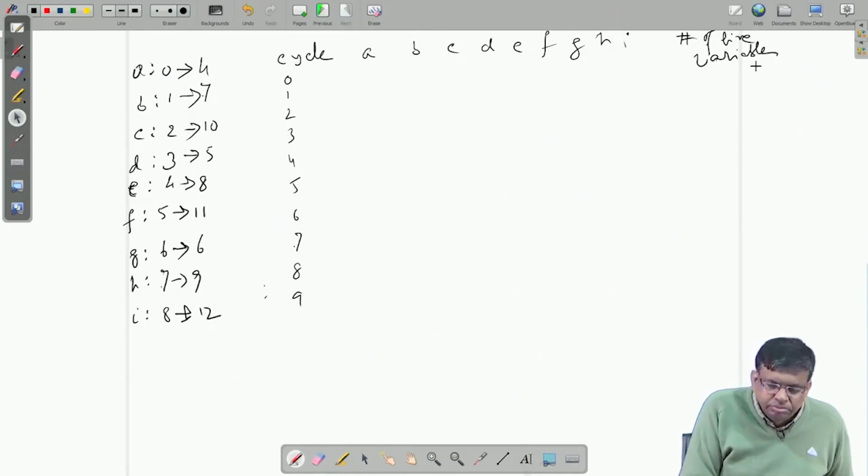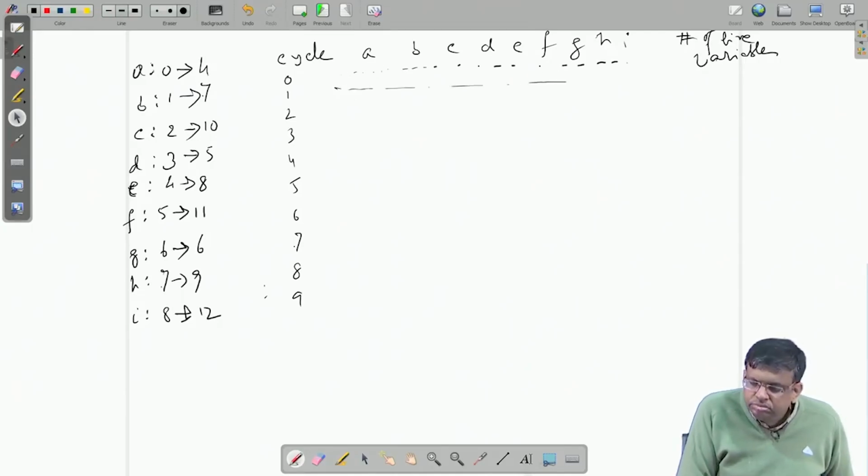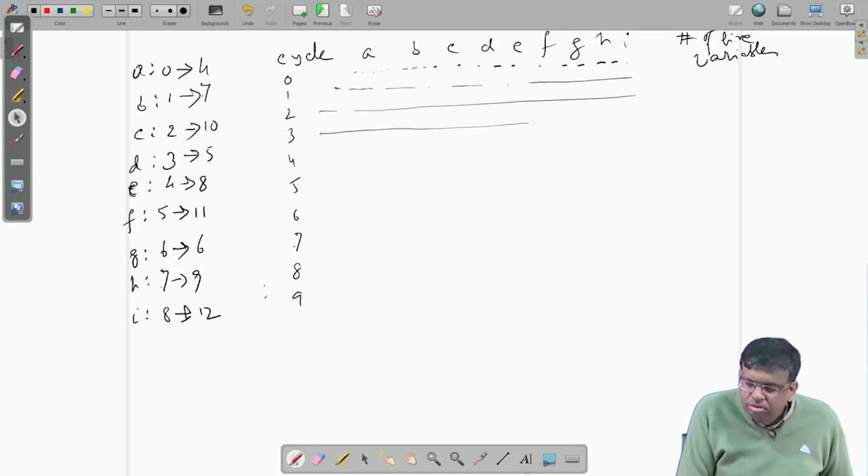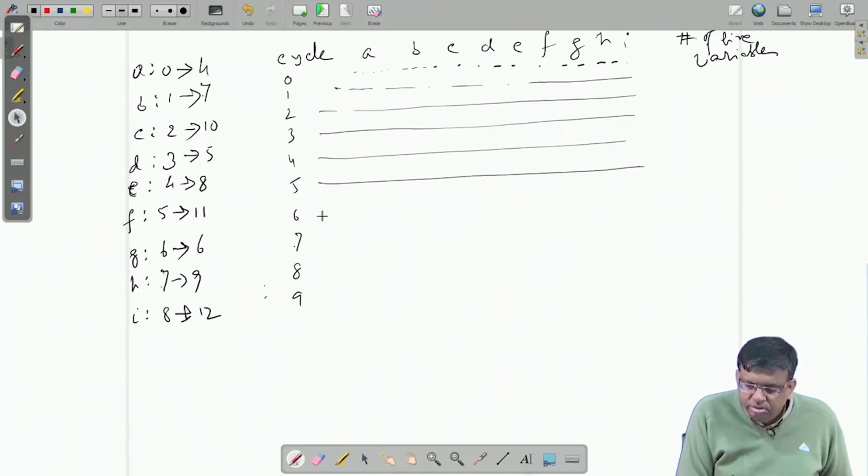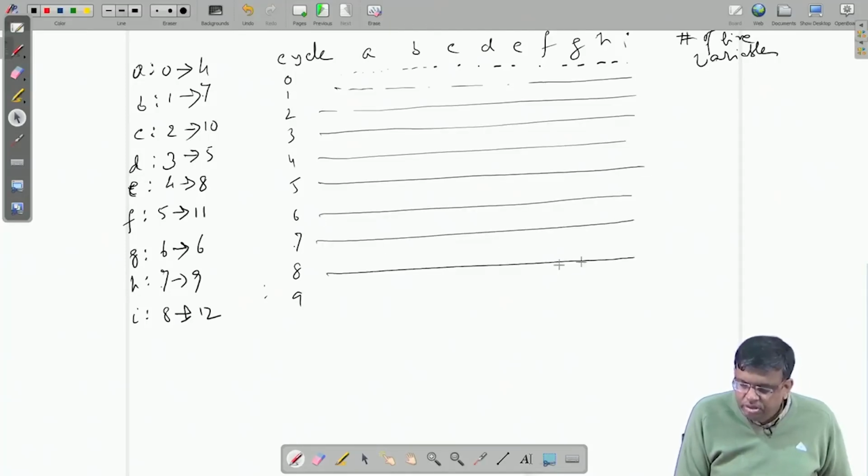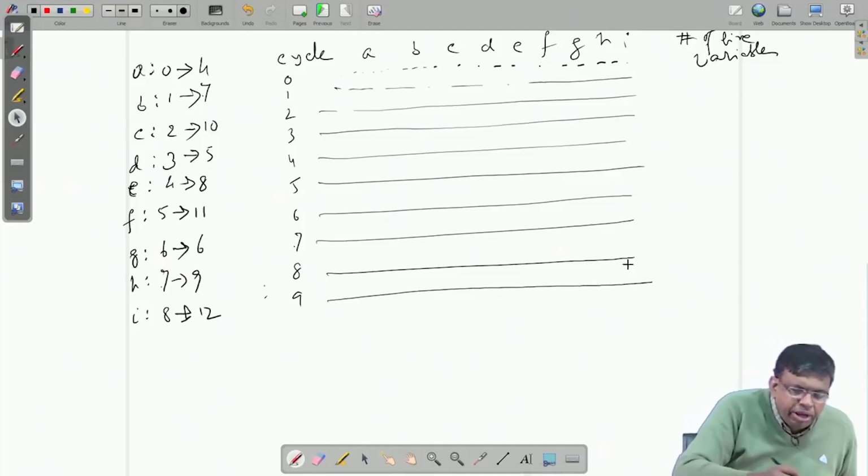All right. Just for alignment, let me draw a dotted line. Cycle 1, cycle 2, cycle 3, cycle 4.